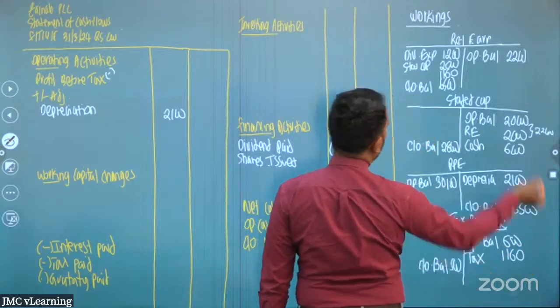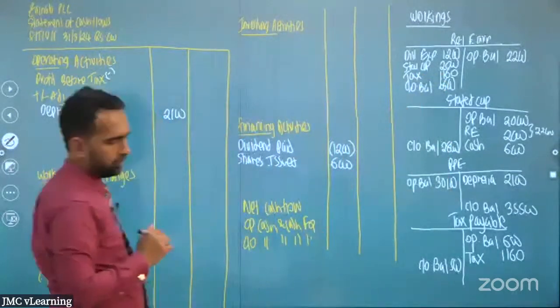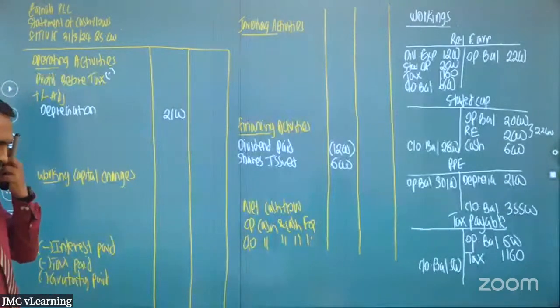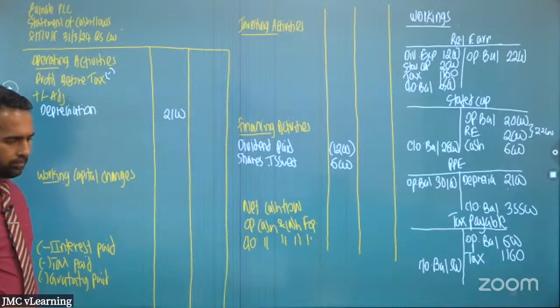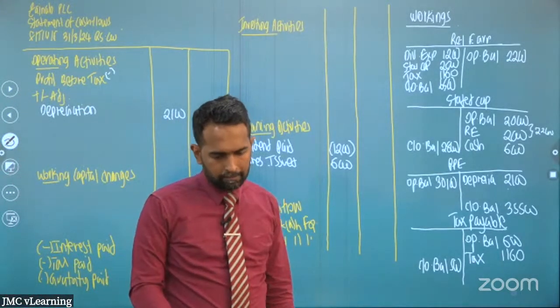Debited to tax expense, credited to tax payable. Okay. Right. So we have completed the second adjustment as well.